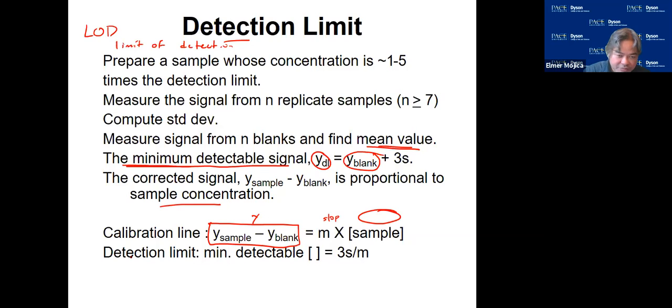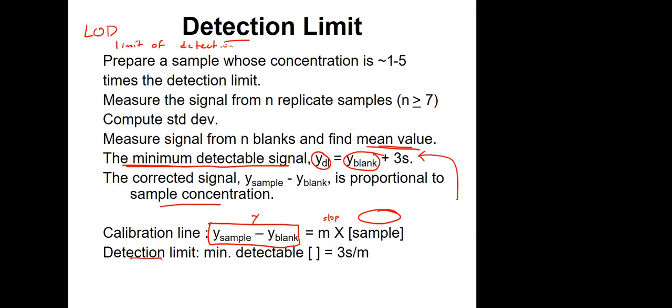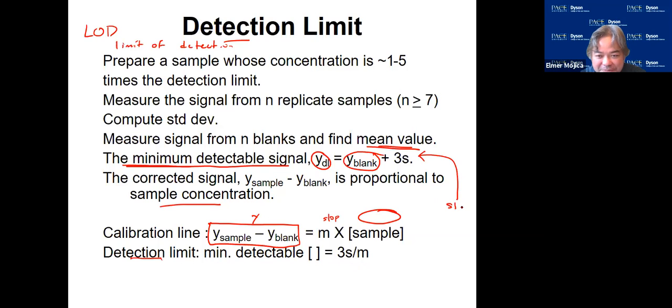And from that, you'll be able to get the detection limit as 3s over m. What do you think is the s? Anyone? What's the s? Anyone? Standard deviation. Okay, the s is the standard deviation.